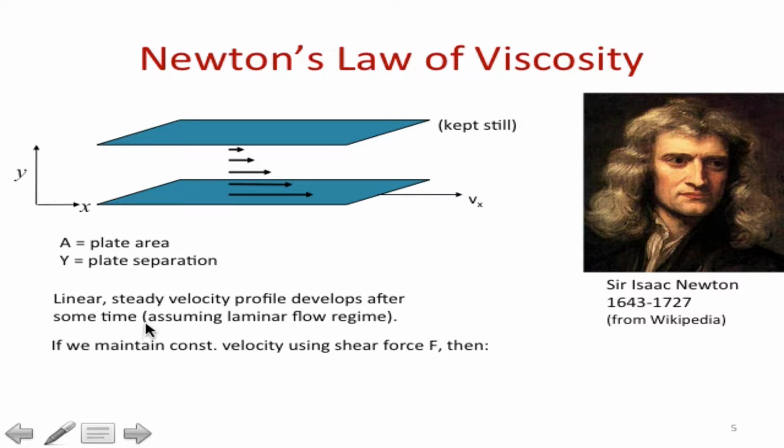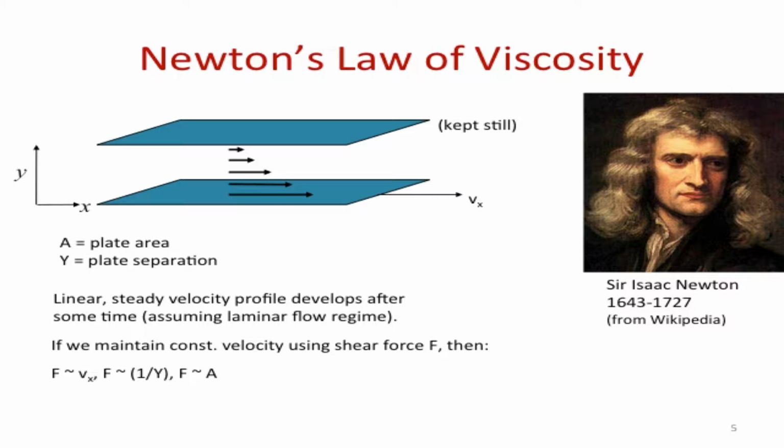So if I want to formalize this, plate area given as A and Y being plate separation, I'm going to think about the force needed to maintain this profile and basically pull this lower plate at constant velocity. That force is of course proportional to the velocity.